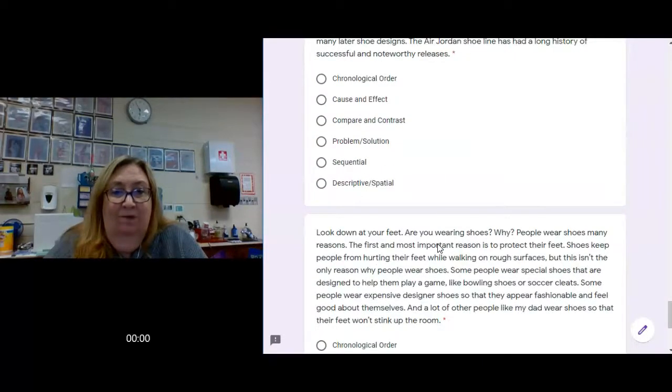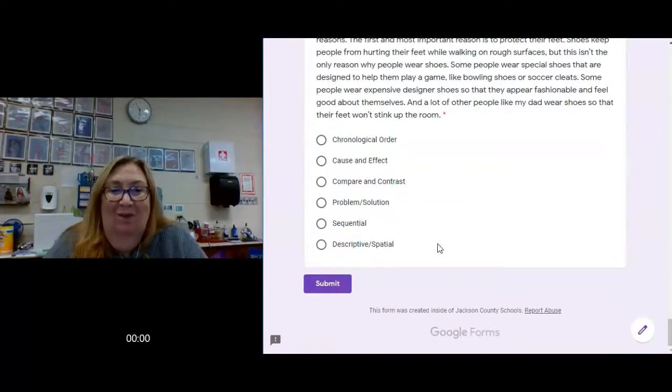And what do you know? Shoes. So the last half will be about shoes, the first half will be about phones. I just wanted to kind of keep them and show you can talk about the same topic and have different types of structure. Okay.